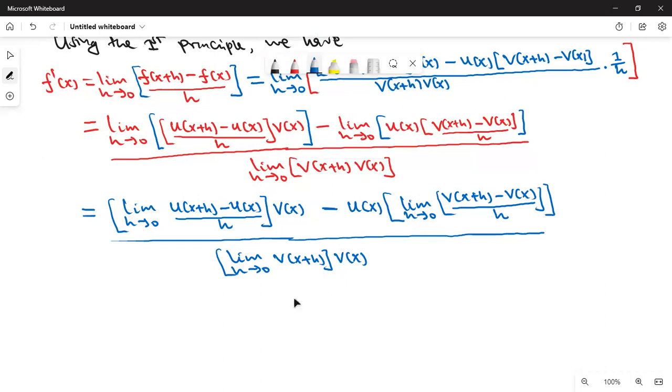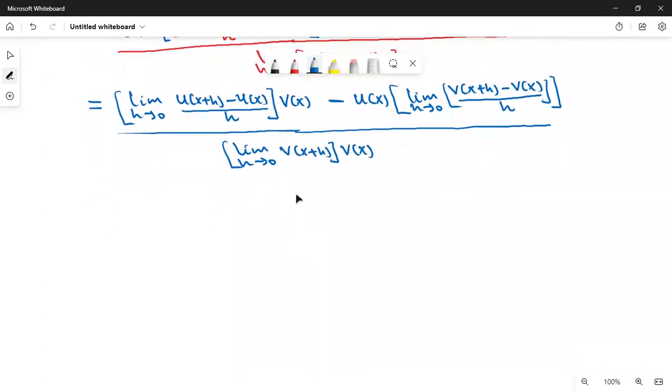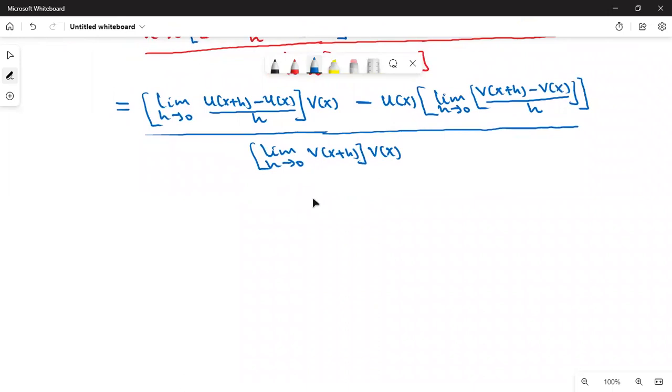So now, what do we mean by the limit as h approaches 0 of u of x plus h minus u of x divided by h? From the definition of derivatives, that is the same as u prime of x.